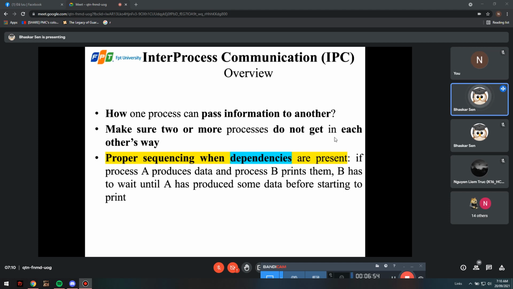Just imagine that process A is supposed to generate a new and updated value of a variable called X, and then X is supposed to get printed by program B. So the updated value of X is supposed to get passed from program A to program B, and then B is supposed to send it to the printer.